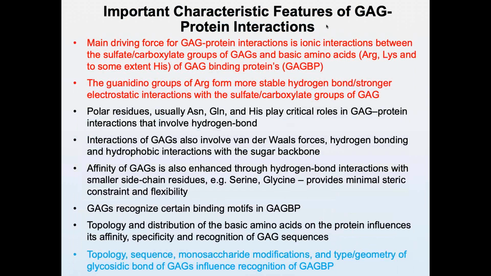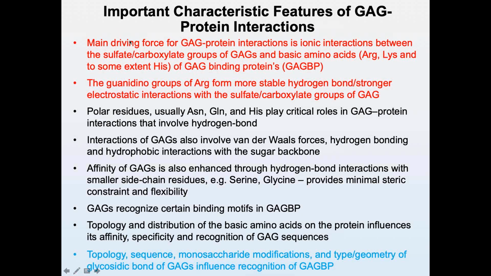Basic group, and mostly arginine and lysine, and sometimes histidine. So these are ionic interactions that actually drive the interaction between the GAG and the proteins. Now, if you compare arginine interaction with the sulfate or carboxylate to lysine interaction, the arginine interaction is stronger than the lysine. And we will see the reason why.